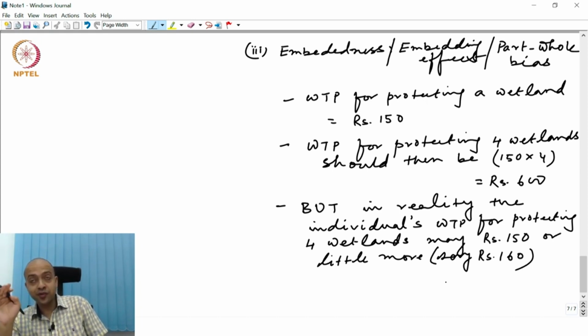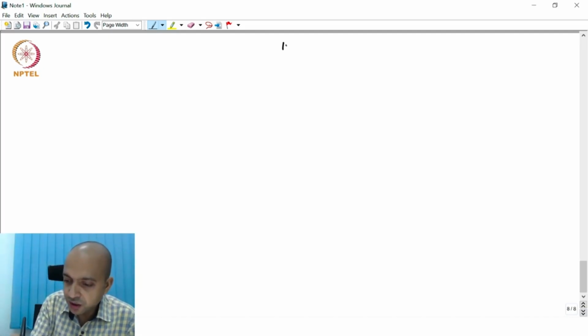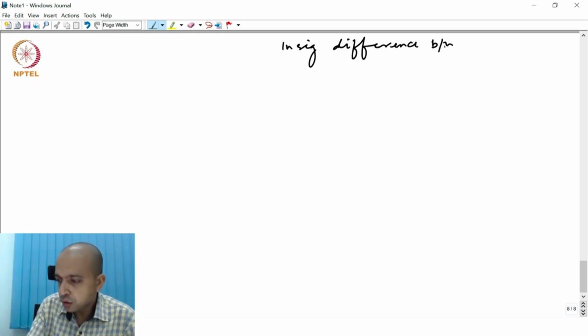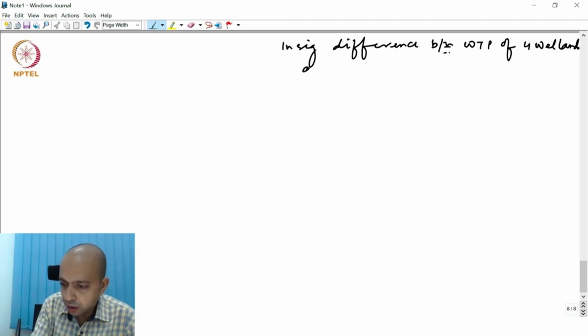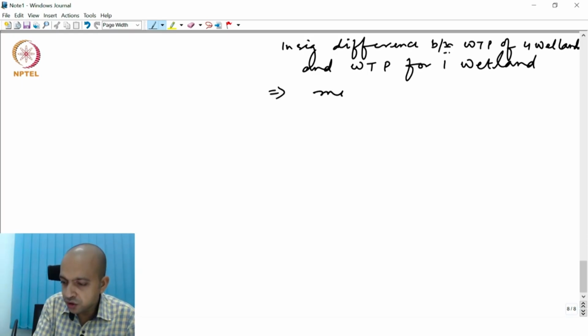See, willingness to pay values are derived from a specific preference. So that means an insignificant difference between the WTP of 4 wetlands and the WTP for 1 wetland, which implies more is not better.